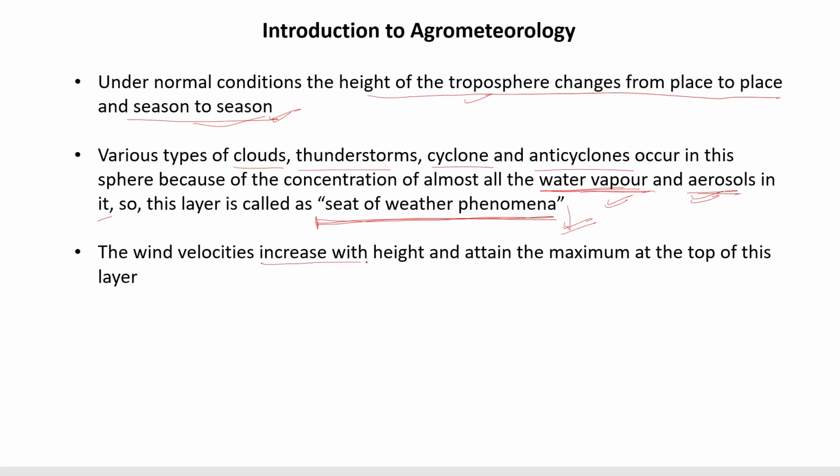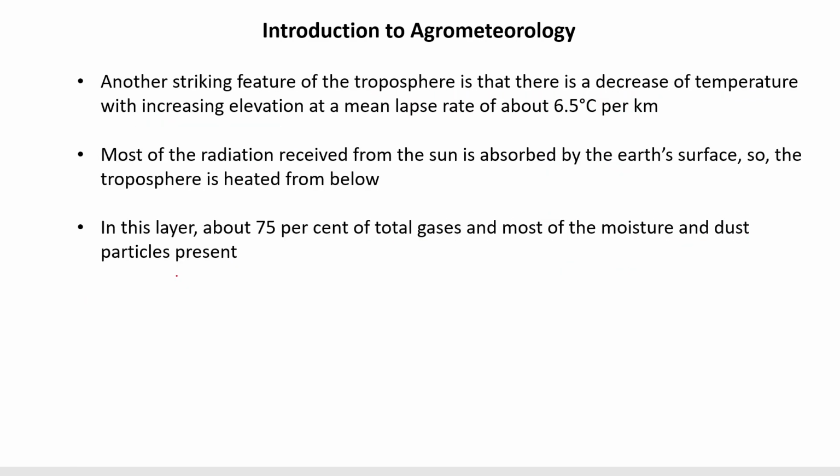Wind velocity increases with height and attains a maximum at the top of this layer. Another striking feature of the troposphere is a decrease of temperature with increase in elevation. As you move upward, there is a decrease of temperature at a mean lapse rate of about 6.5 degrees centigrade per kilometer.